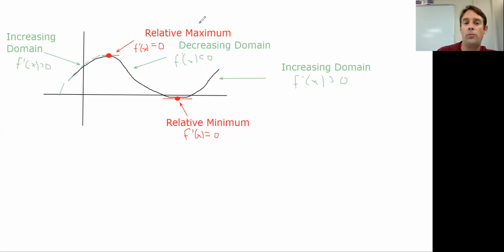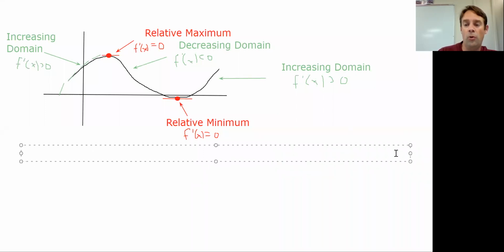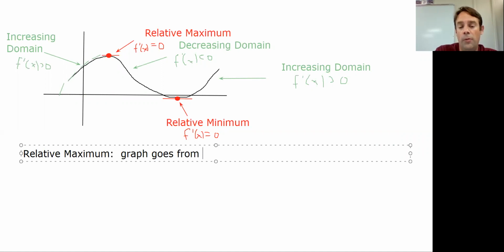So we can actually potentially write these, ground these in a little bit more of an idea. So a relative maximum, this is where the graph goes from an increasing domain to a decreasing domain.